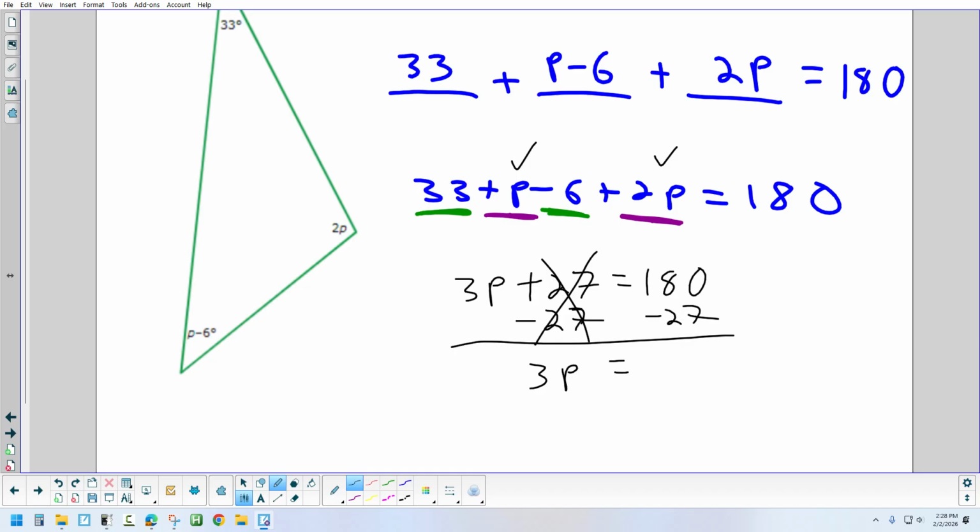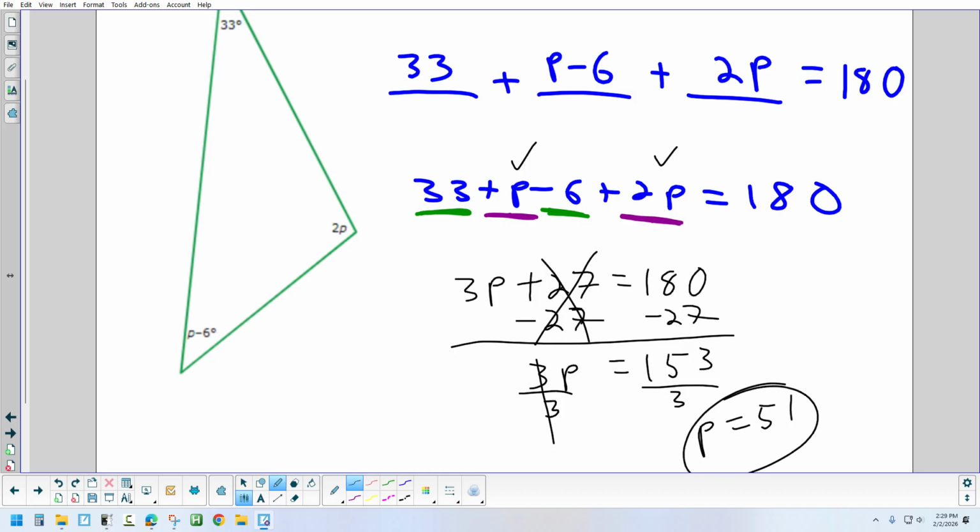And what's 180 minus 27? Yep, 153. So is that our answer? 153? No. What do we have to do? What are we going to divide by? 3. By 3. And that does go in nicely. Does anybody know 153 divided by 3? 51. Yep.